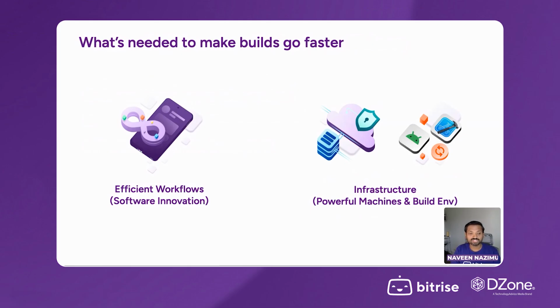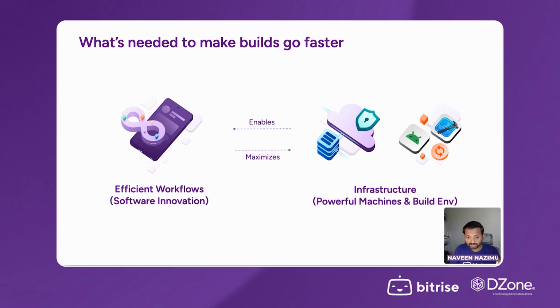And then you need efficient workflows, which is where the software innovation in CI/CD comes in. Now, they're not independent of each other. Powerful infrastructure enables efficient workflows, and efficient workflows maximize the infrastructure. Today, in this session, I'll focus on efficient workflows on the left.